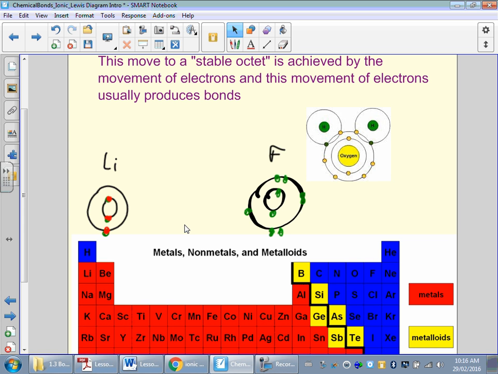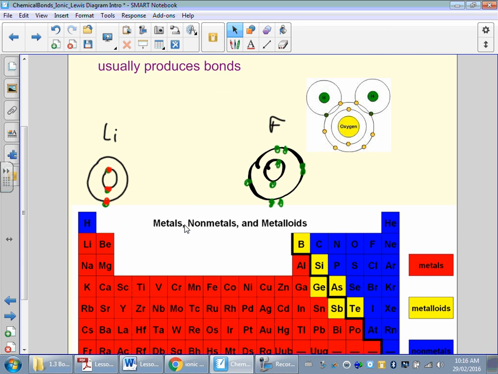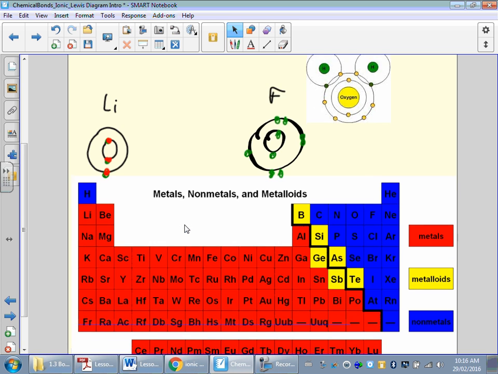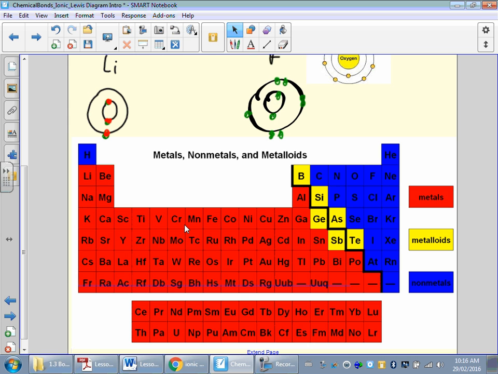That's where you get this bond from, and how compounds become more stable. There are more compounds than elements in the world around us, so obviously this happens quite a bit. If we look at a periodic table, just a recap, metals make up most of it. They're in red, and the non-metals are in blue on the right-hand side.